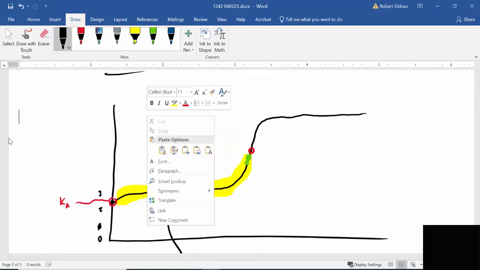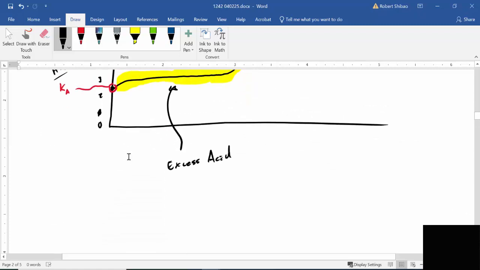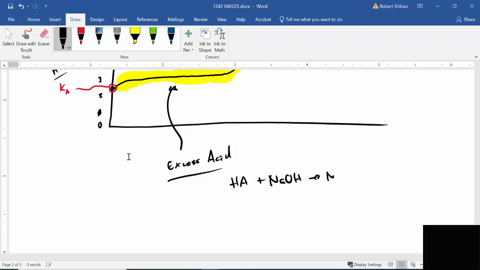All right, so our acid in this case is just going to be a generic acid, weak acid HA. So if we're in the excess acid region, then we're going to have HA, our generic weak acid, reacting with a strong base. I'll just use a specific strong base, sodium hydroxide. And this is going to make our salt, sodium A plus water, H2O liquid.